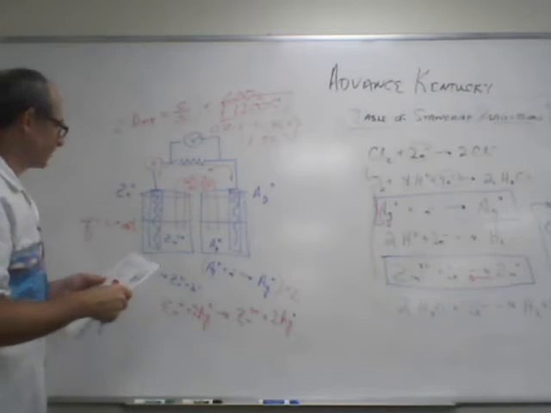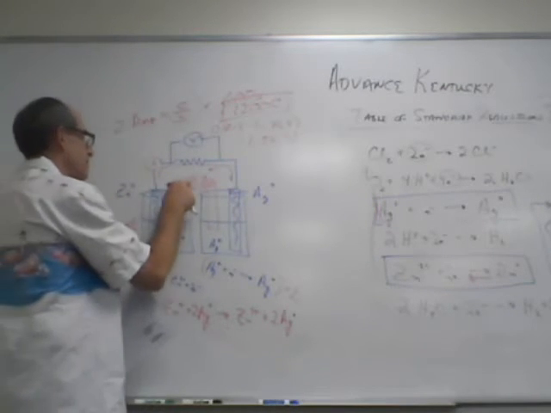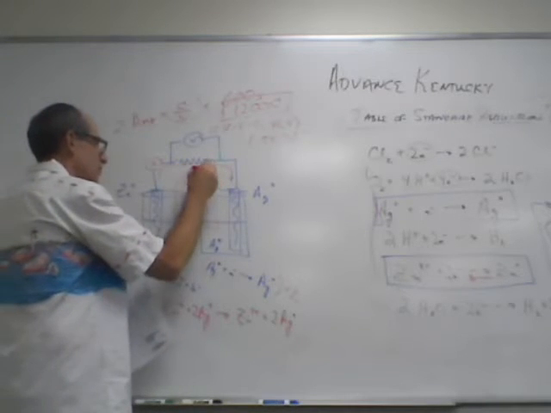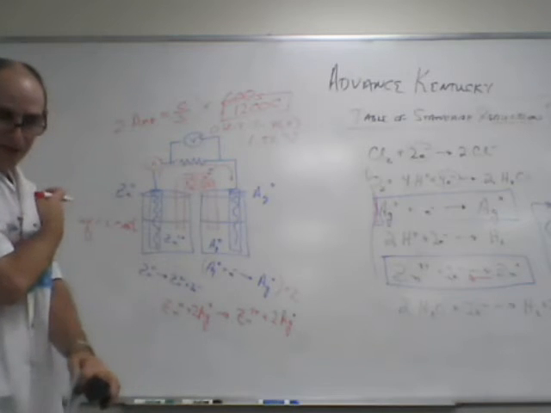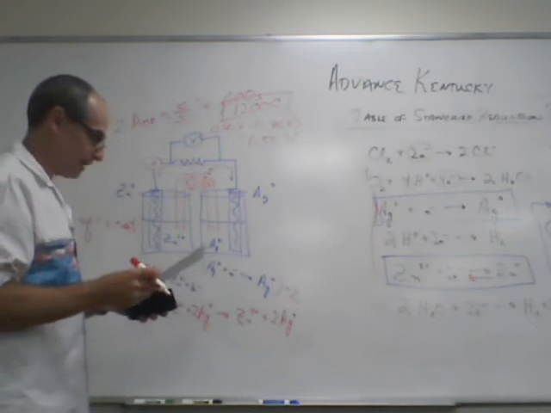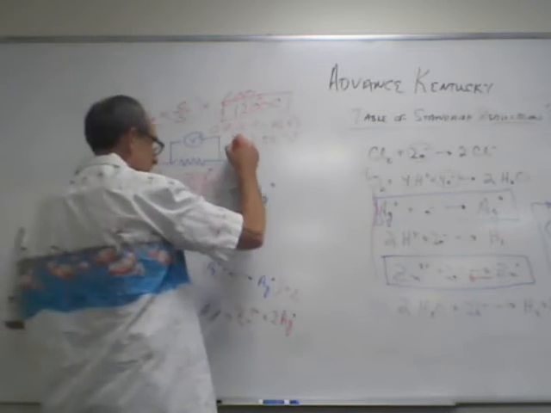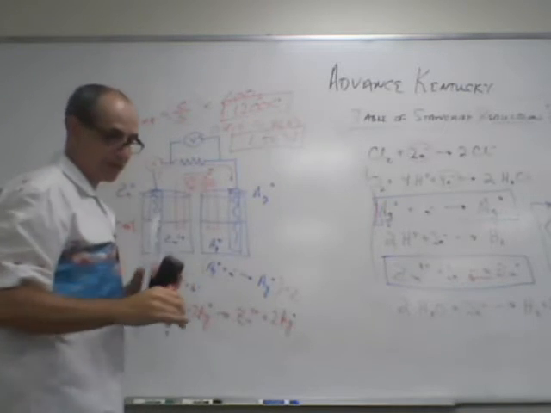And the direction of, well, we have positive ions, but it doesn't matter if they're potassium or sodium, they will flow left to right as the cell operates. And the ideal cell potential, we already have written on the board, is 1.56 volts.